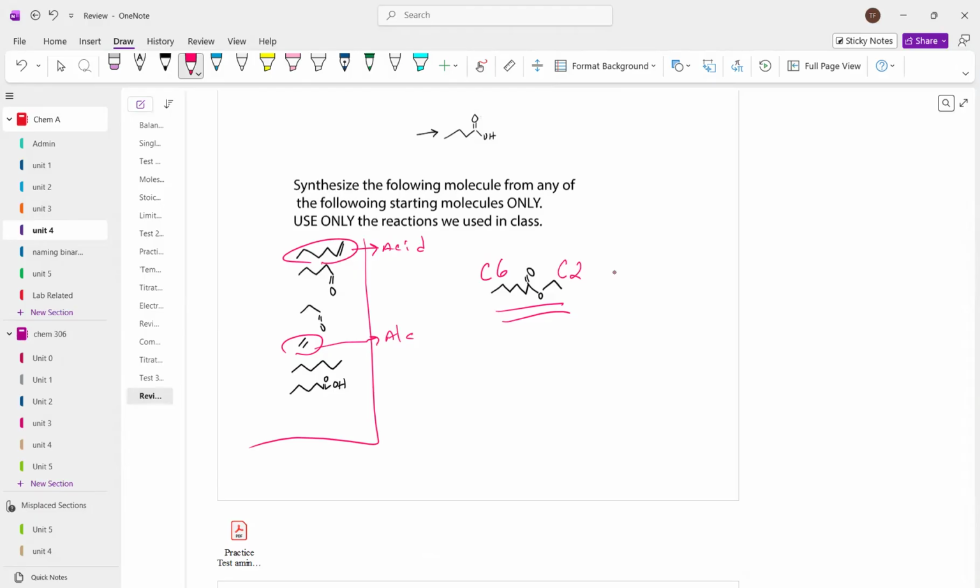Okay, so how do we turn this into an acid? Well, what we can do is, if we add water across the double bond, we'll get an alcohol. We'll get a mixture, but we'll get an alcohol.